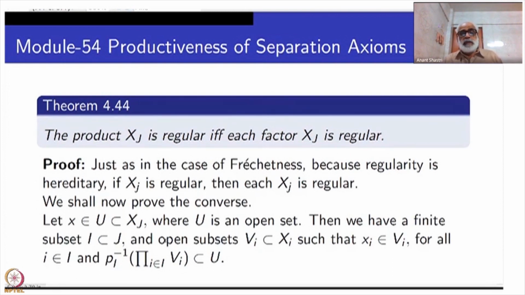In the product topology, something being open means it is a neighborhood of this point, so there is a basic open set. And basic open sets look like what?